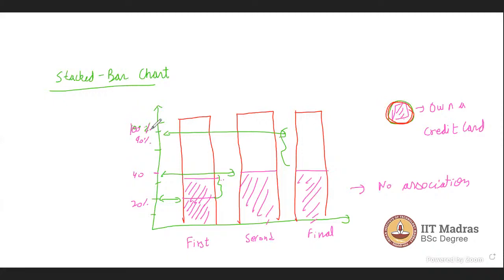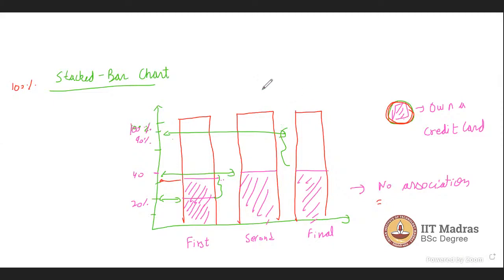My graph is a 100% stacked bar chart. From here you can see that around 40% of first year students own a credit card, here also 40% of students own a credit card, and here also more or less 40%. So there is no difference between the percentage of students. They are all at the same level, right, sir? Yeah, more or less the same level.